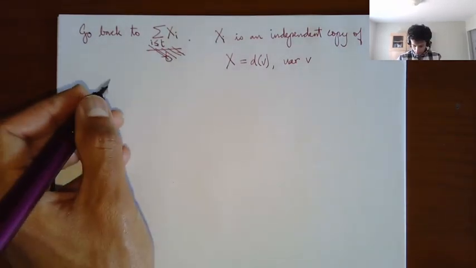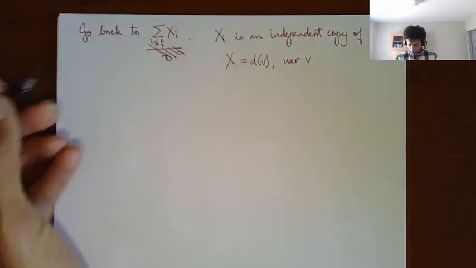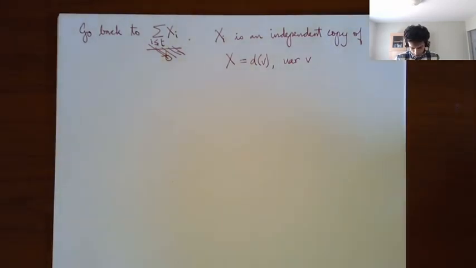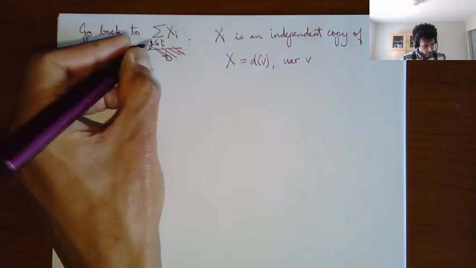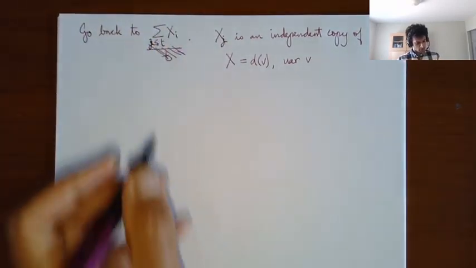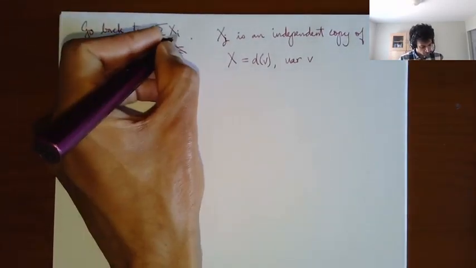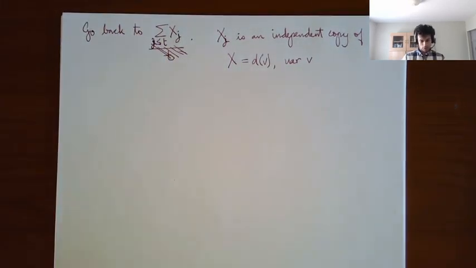I realize that my use of i has been overloaded here. So let me actually use j for this. So j is going to refer to the trial, where i is indexing over the vertices.